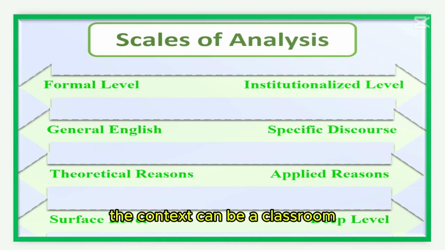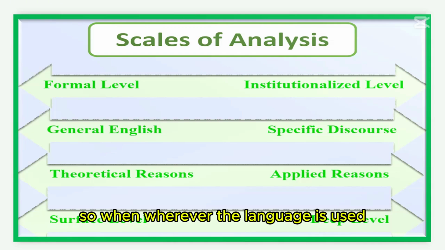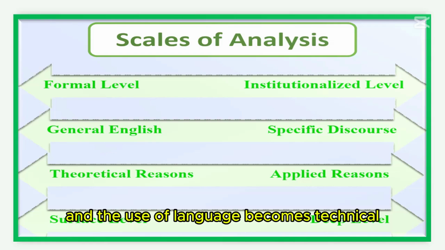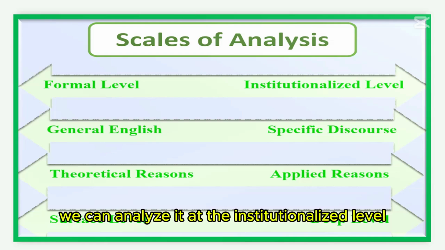The context can be a classroom, the office, the workplace, a court. So wherever the language is used and the use of language becomes technical, we can analyze it at the institutionalized level.